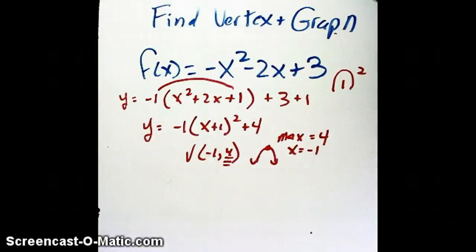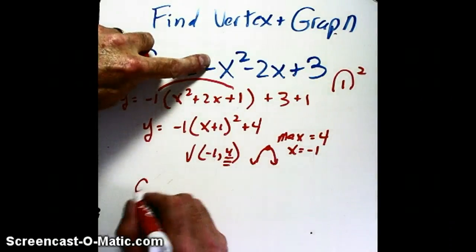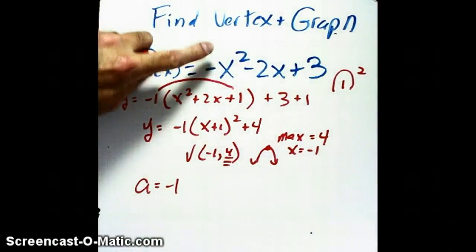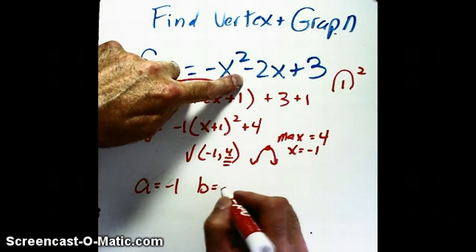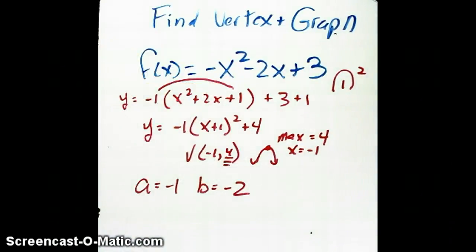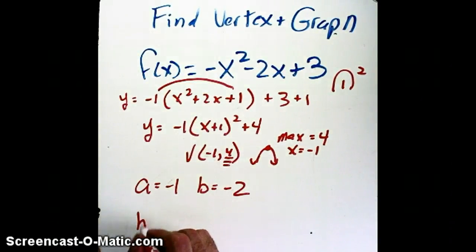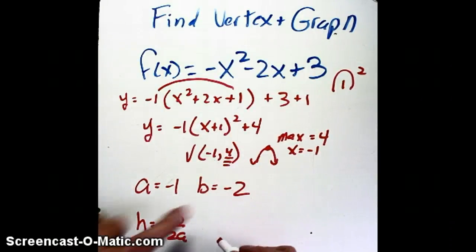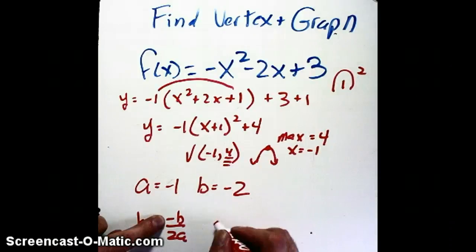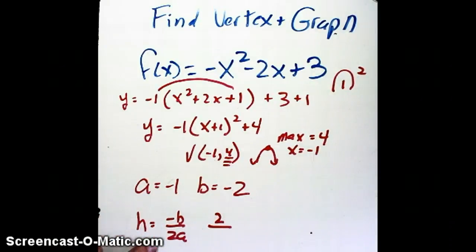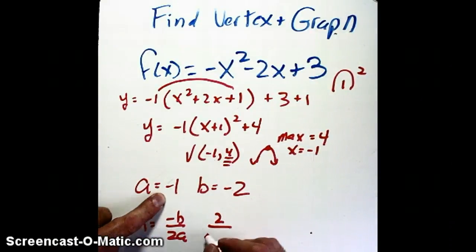Let me explain that. If I go back to that last problem that we did, I recognize if I look up here at the top, a is equal to negative 1 and b is equal to negative 2. So if I use the formula h is equal to negative b over 2a, b is negative 2, so negative b would be 2, over 2a, and that would be 2 times a negative 1, which is negative 2.